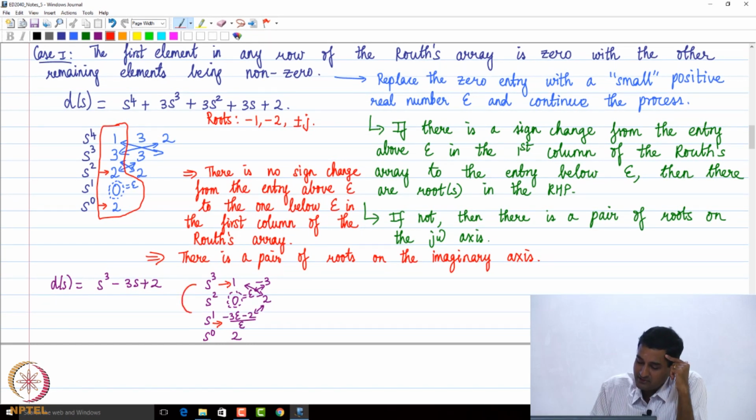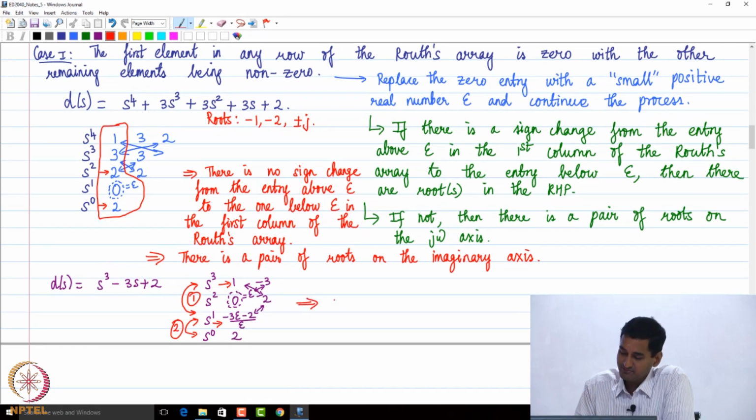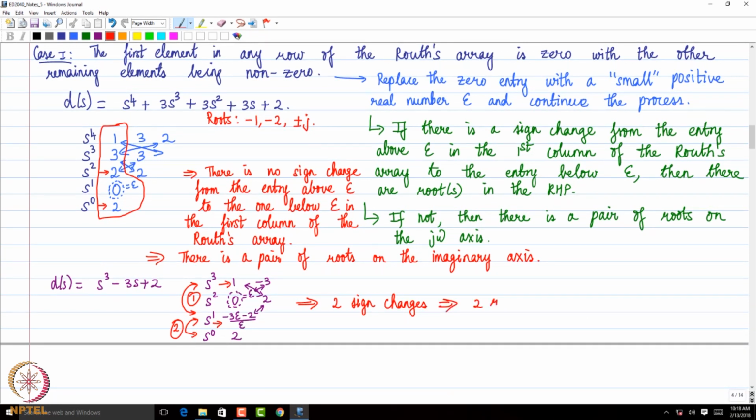That we need to count as one sign change. We need to count the number of sign changes. From the s power 1 row to the s power 0 row in the first column, is there another sign change? Yes, there is, because in the s power 0 row we have plus 2. So there are 2 sign changes. This implies that there are 2 roots in the right half plane, of course with the remaining root in the left half plane.